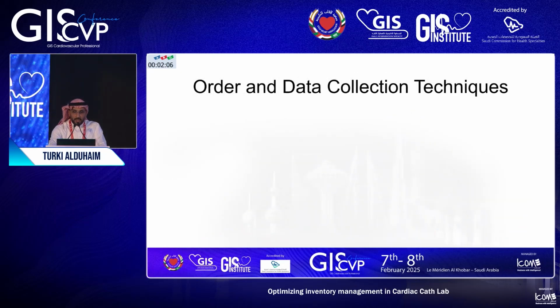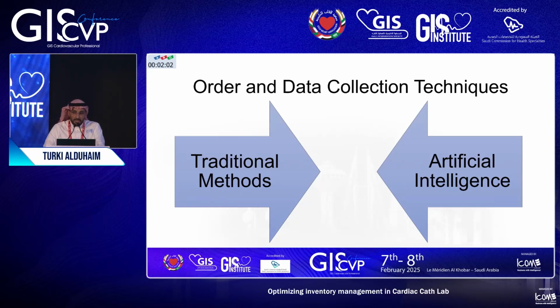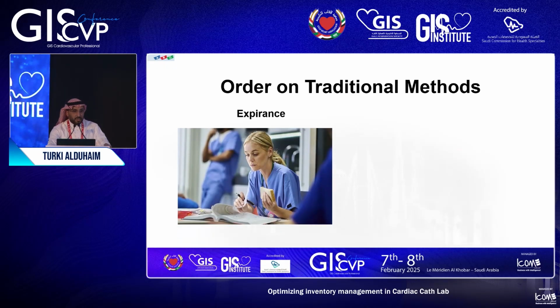Order and data collection technique. There are 2 methods for ordering: the traditional method and the artificial intelligence method. In ordering, people can order by experience. He will write a note, and he will have experience of a couple of years.